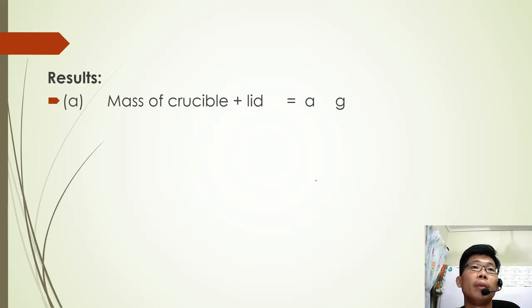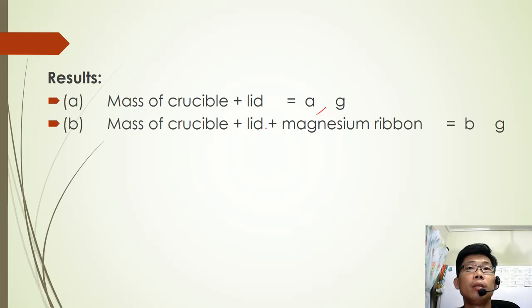We use alphabetical like A, B, C, P, Q, R, X, Y, Z to represent your calculation. So let's say we use the mass of the crucible with the lid. We use A as a representation, A gram. Then mass of the crucible with the lid plus the magnesium ribbon inside it, so we B gram.